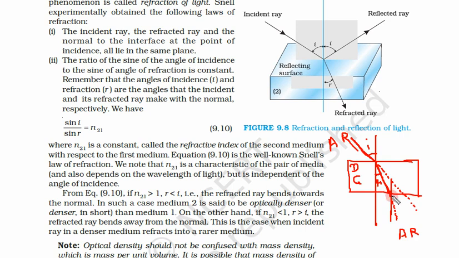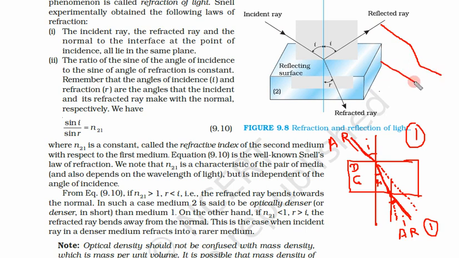So what we can see, initially it was coming at an angle I, then it bends inward, then again it moves away from the normal, and if this side medium is also medium 1, this angle becomes I again. So in between it is reduced, then again it becomes I.